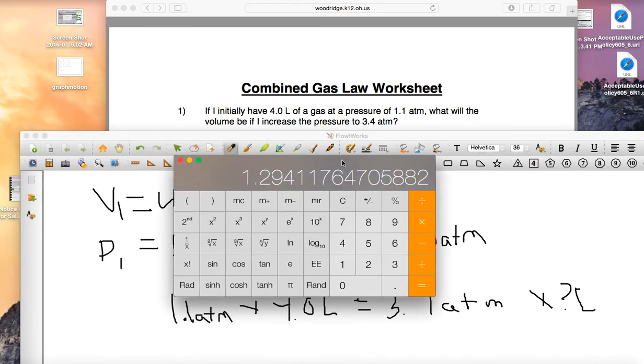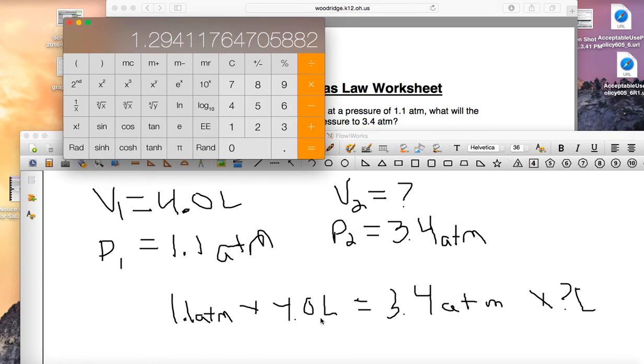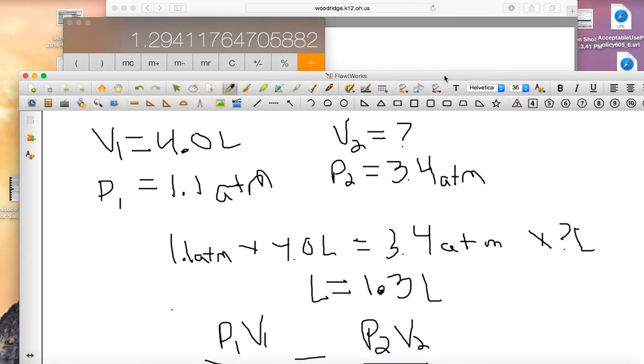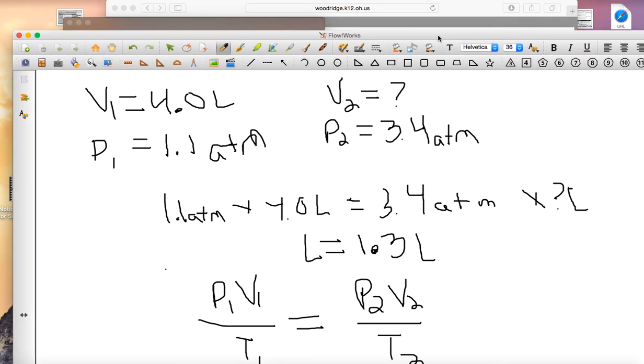Sig fig wise, 2 is the best that we can do. So the second volume would be 1.3 liters.